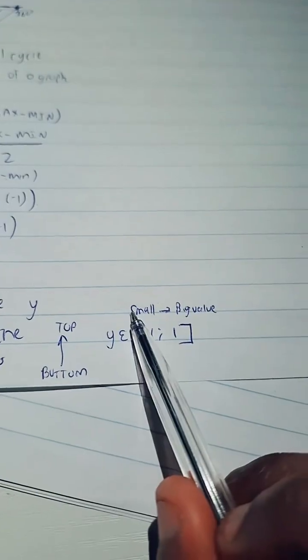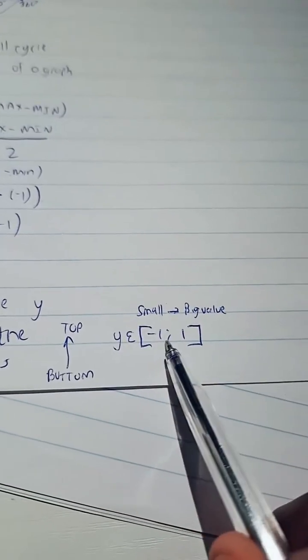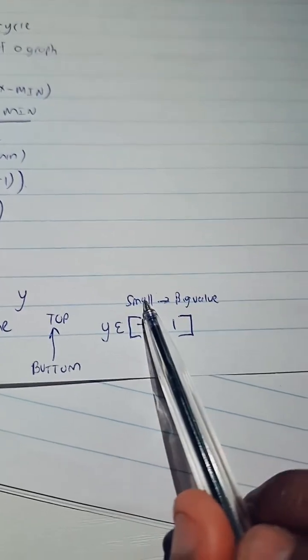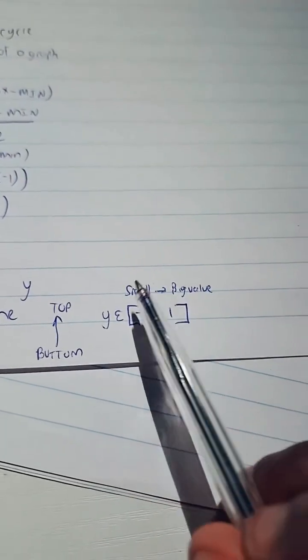Whenever we write range, guys, we write the small value to the big value, right? I don't know why learners write the big value sometimes first and the small value last. We always write the range with the small value first, the big value at the end. Small to big. When we develop, we don't develop from big to small.